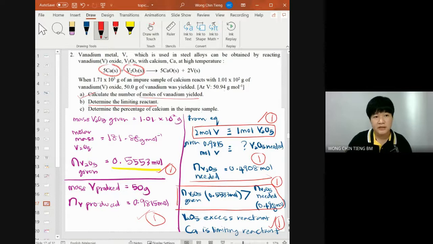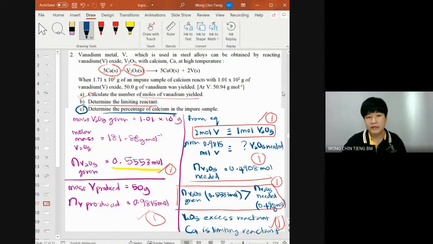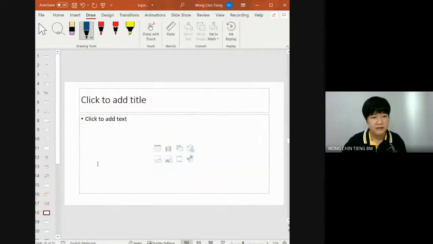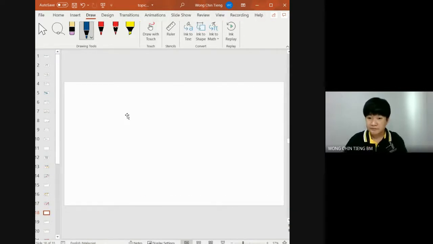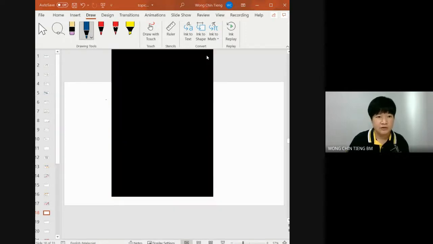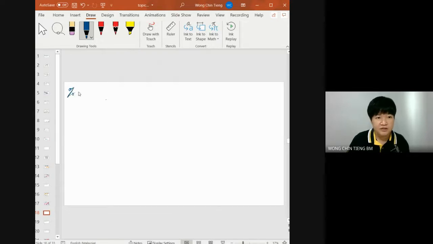Okay, the next question. I will answer straight to C. The question is asking for the percentage of calcium in the impure sample. So to find the percentage of calcium in the impure sample, the formula is easy. Think logically. I want the percentage of pure calcium.